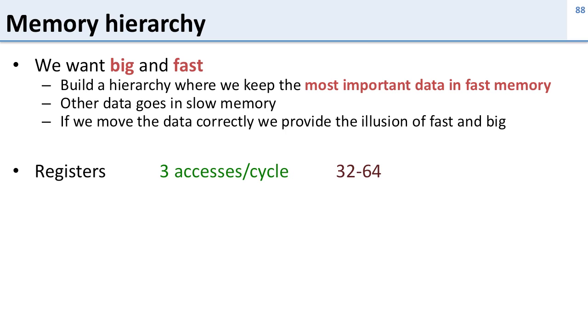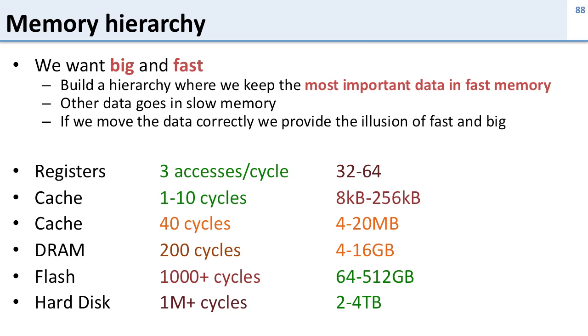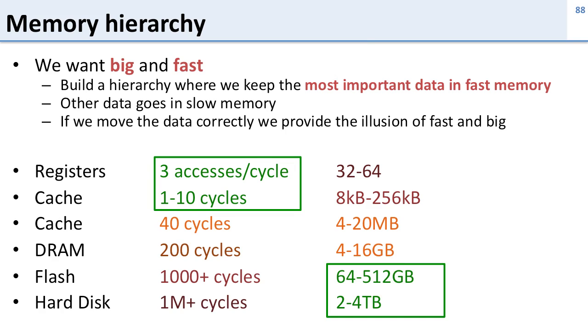So we saw what we have to work with. We have small SRAM registers, caches, DRAM, flash and hard disk, and these things have very different access speeds. The very fastest, we have registers and caches, which we can access very quickly, but they're very small. At the other end, we have flash and hard disk, which are very slow, but are very large. And the memory hierarchy is about putting these together to get the best average performance.